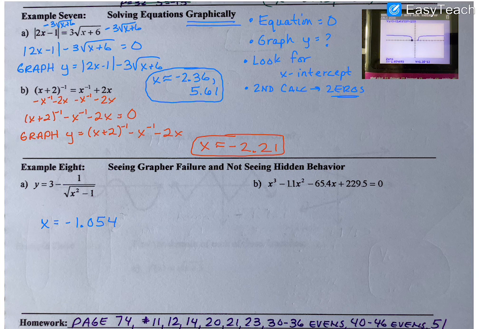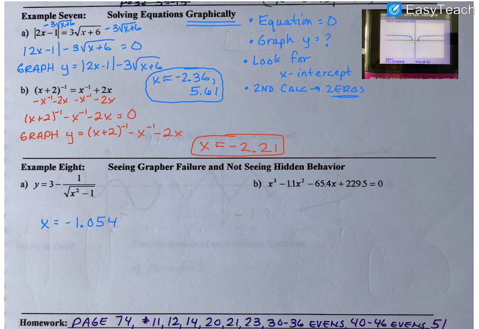Okay, let's check and see. This graph looks pretty symmetric, so we can kind of guess what's going to happen on the other side. Second calc, 0. I'm going to go over closer to that positive 1. Left bound is where my graph doesn't exist. Right bound is above it. The guess I can just hit enter.